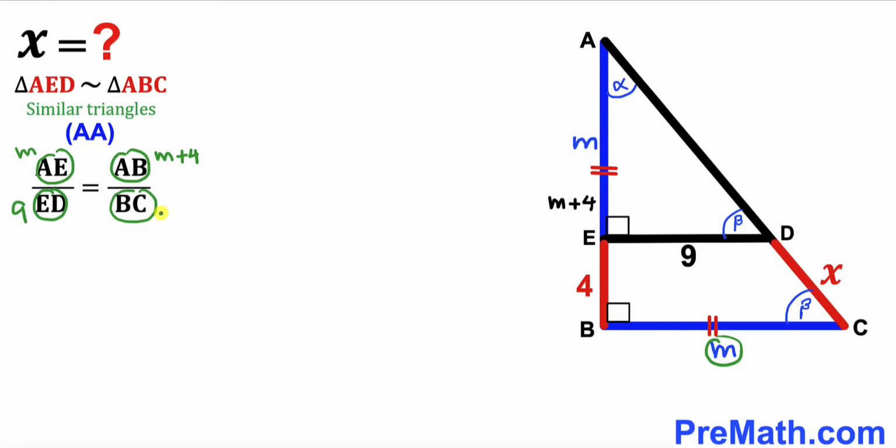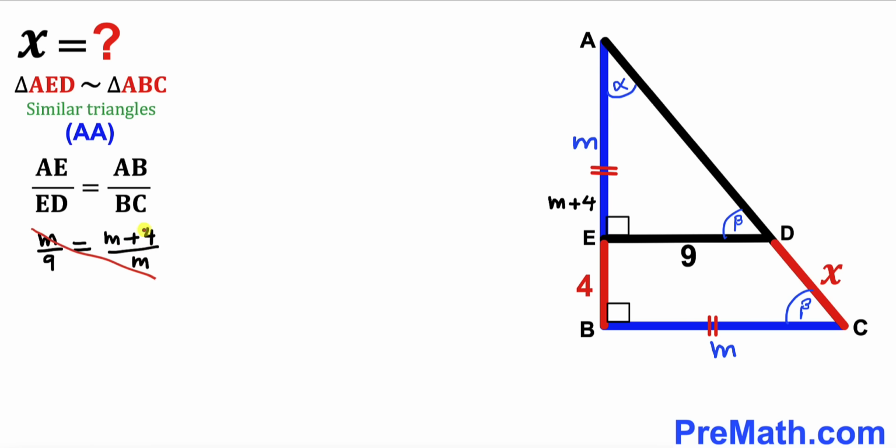So we end up with m divided by 9 equals m plus 4 divided by m.